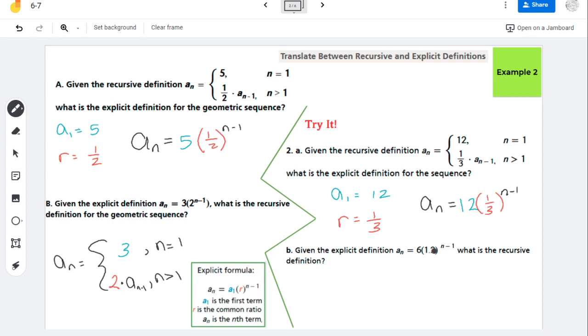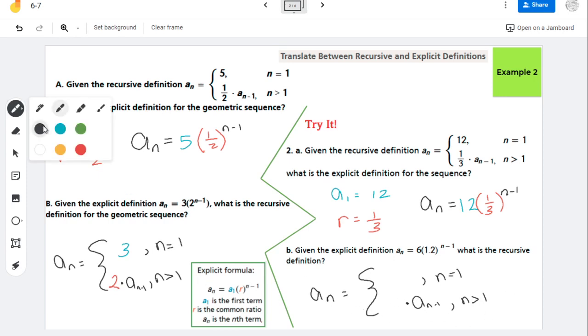Alright, so now to go from explicit back to recursive. I have a sub n equals, recursive formulas, we're doing like this with our piecewise function. We're looking at when n is equal to 1, and then we're looking at some number times a sub n minus 1, and that's when n is greater than 1, and we just fill in our two values.